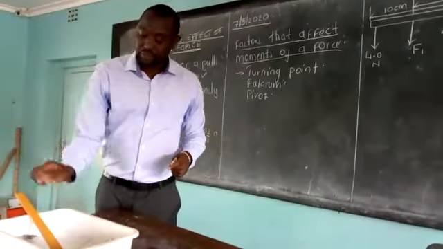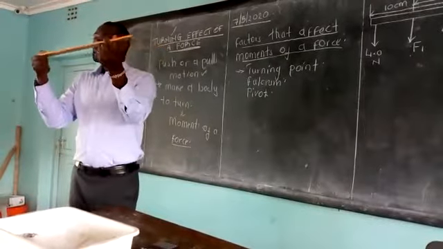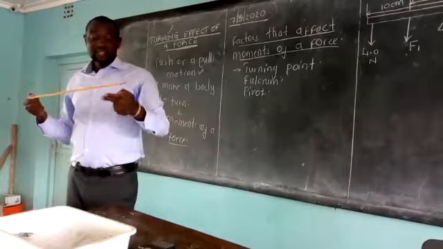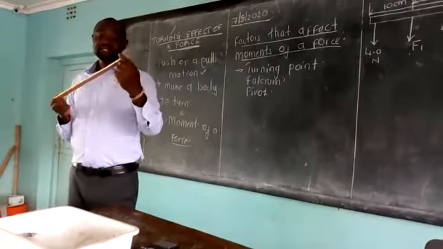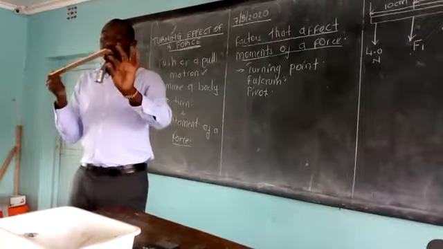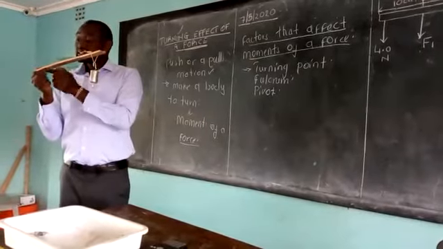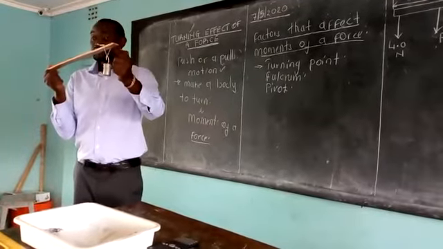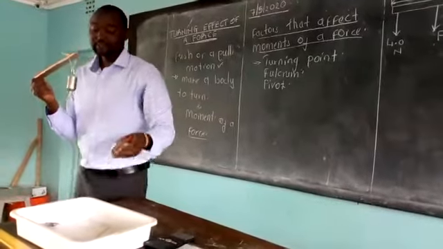I would like you to look at this. I'll be holding this half meter rule at this point, and I'll hang one mass at that particular point. I'll maintain the distance from this point to this point, but I will add another mass.